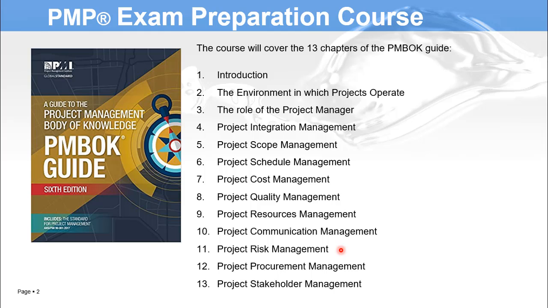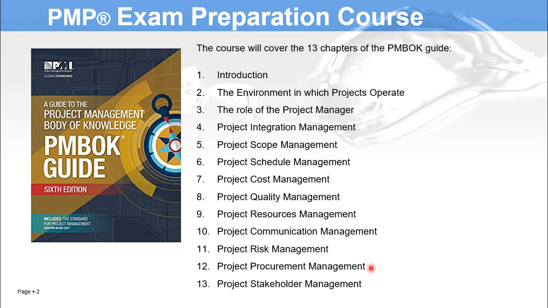And then chapter 11, project risk management, provides information about how we are going to manage the risk, to identify the risk, to analyze the risk and respond to the risk. All this information is part of the project risk management knowledge area.